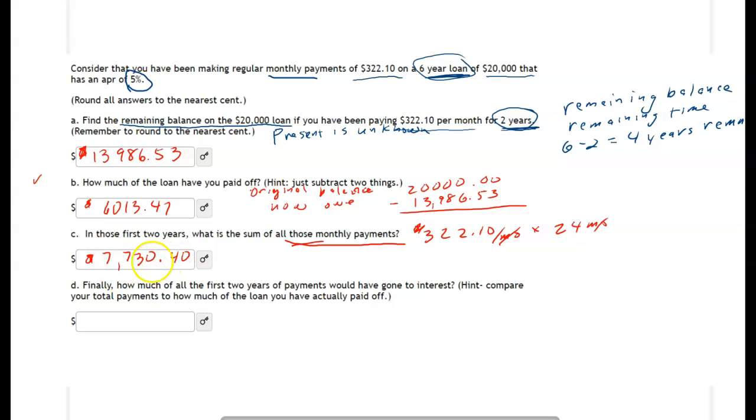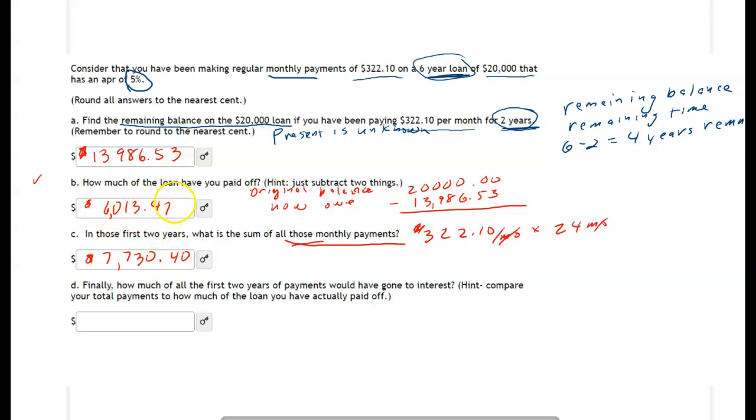That is $7,730.40. This is very typical on a large loan, and in larger loans it's even more pronounced, but notice that your loan has only dropped by a little over $6,000, from 20,000 down to 13,986, but you've made payments of $7,730.40.